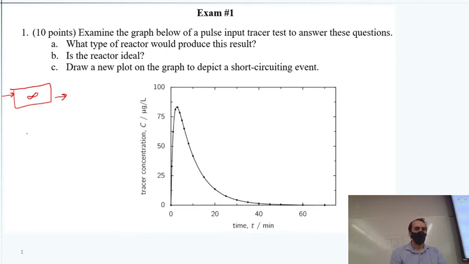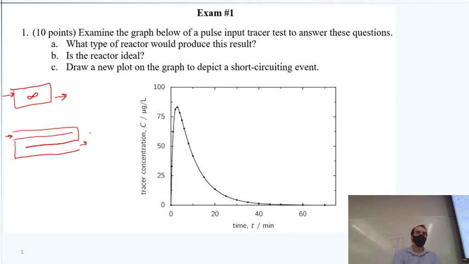And I'm just drawing the reactors here, not a tracer test diagram. We could also consider a reactor that looks more like a pipe, where we had water flowing through, like that.